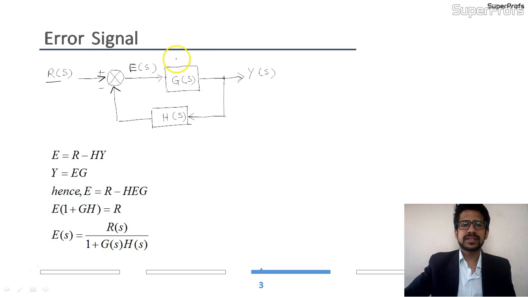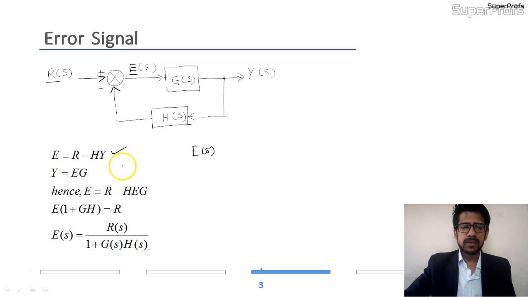To translate these into mathematics, we can use the following equation. E is equal to R minus H into Y. So this is equation 1. Now our aim is to find out E of s.